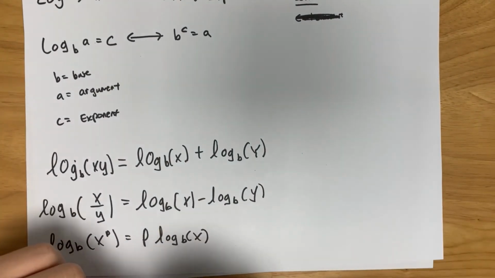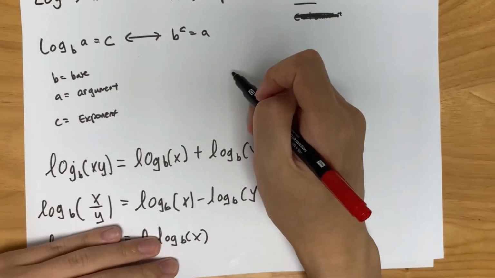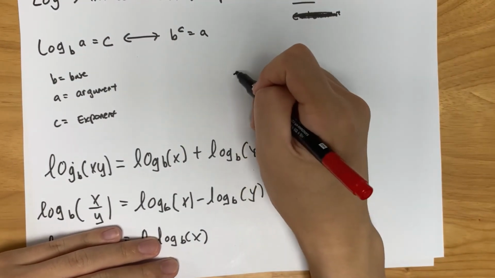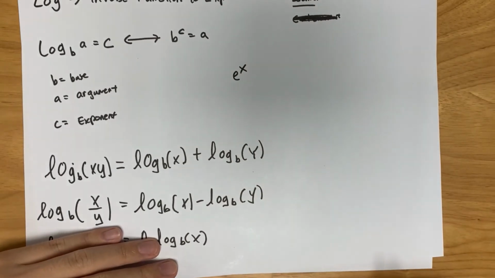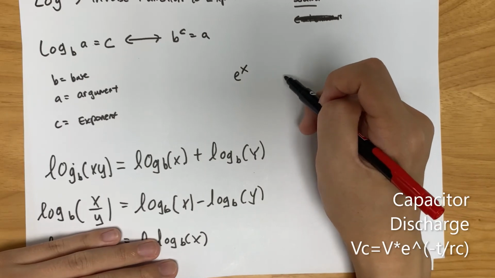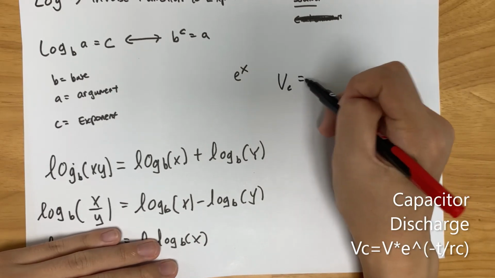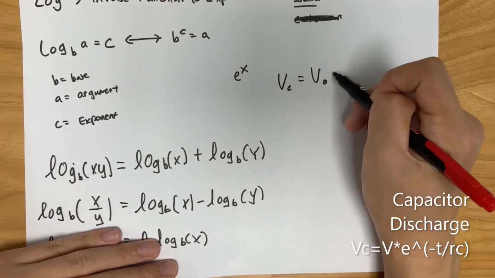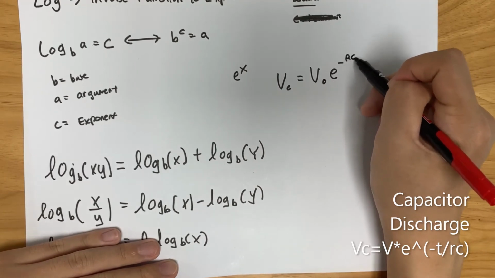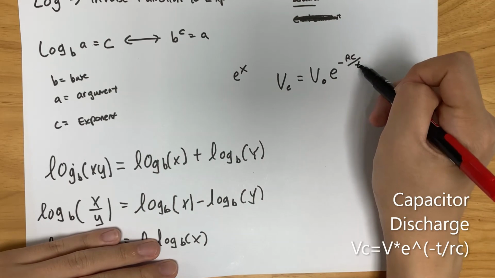And if you know some facts, a lot of decays, if you took some economics class, are going to be expressed in e to the x. For example, voltage over a capacitor is V0 e to the negative time divided by RC.